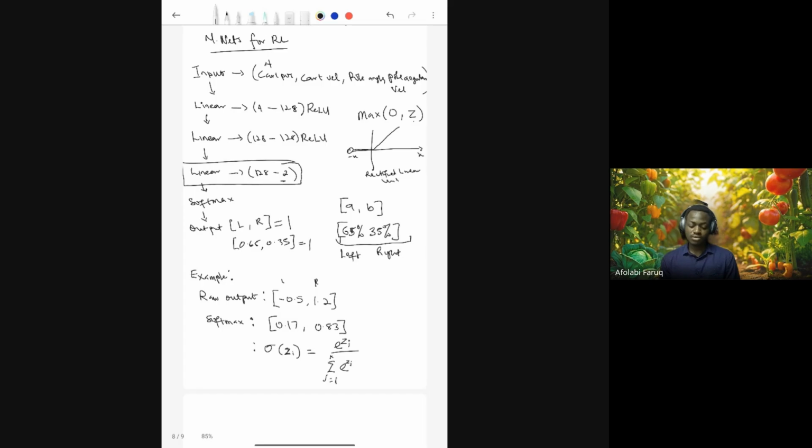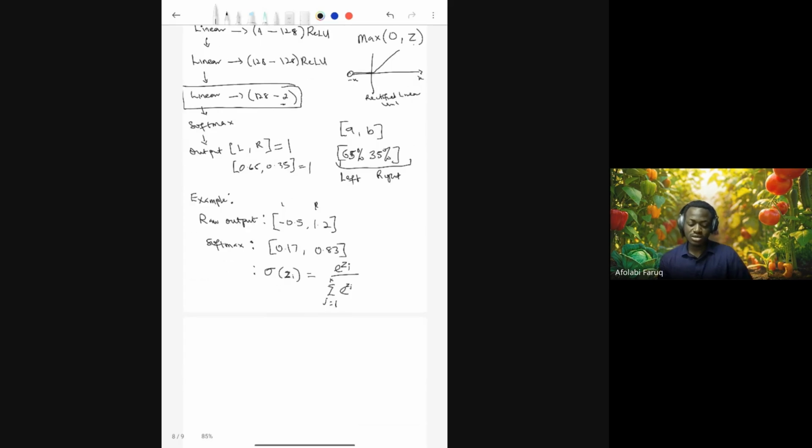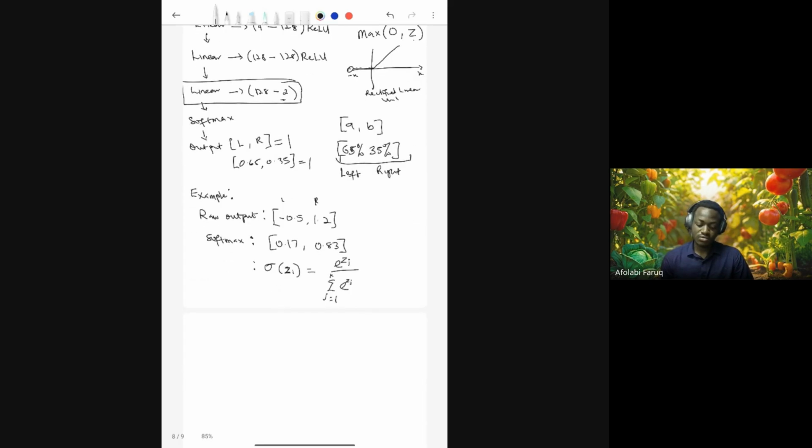Basically, we're able to compute the softmax of these two values here. So you'll be having this, which are the output probabilities of what you have there.